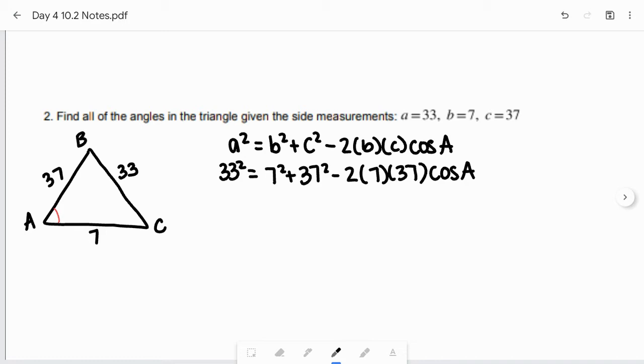Then we can try to do some math here. If we do 33 squared and then subtract our 7 squared and subtract our 37 squared, we will end up having negative 329 is equal to, and then negative 2 times 7 times 37 is going to give me negative 518 cosine A. I will color code a little bit of what happened to everything here.